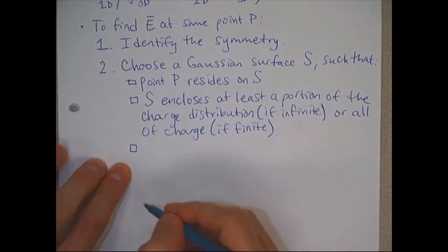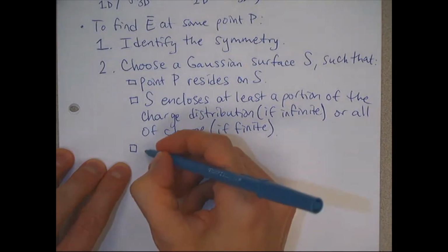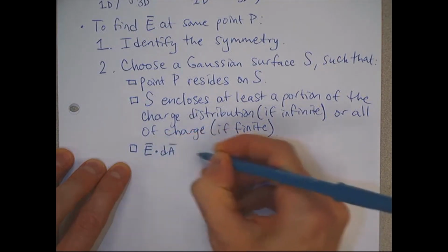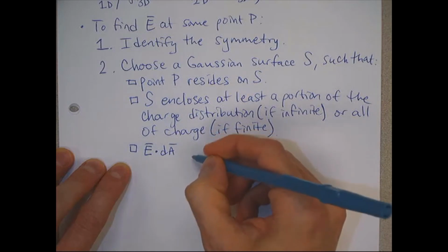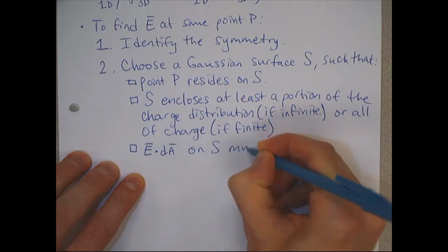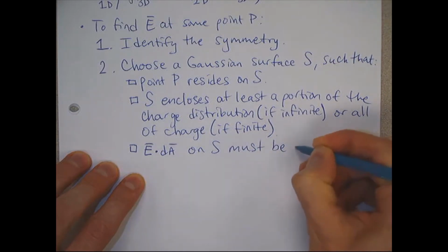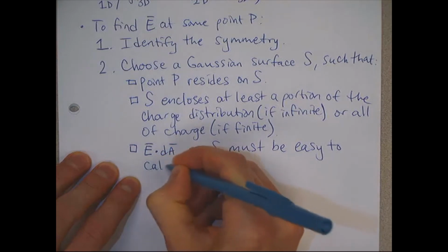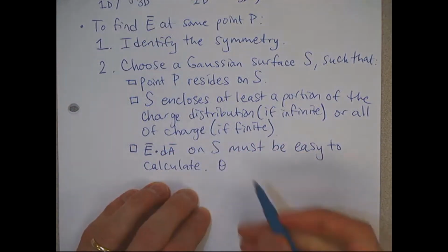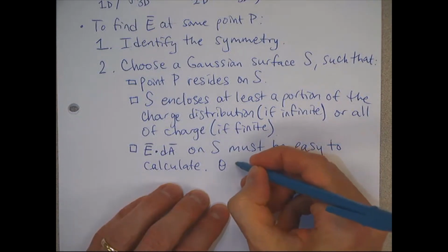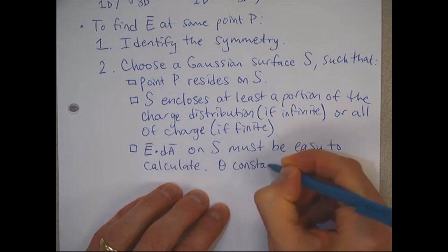Our surface must also cause this dot product, E dot dA, on the surface S to be easy to calculate, meaning the angle theta between E and dA should be constant.